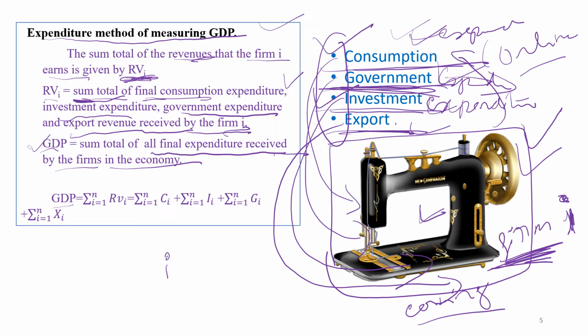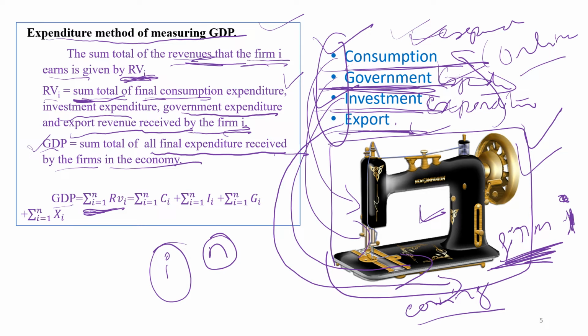I took here one firm as i, but in an economy there will be n number of firms. Because of that we denote the revenue received by all firms in the form of RVi, which is nothing but the revenue received by firm i. So here firm i runs from 1 to n.